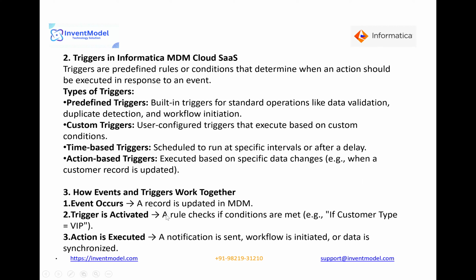So the event is that a record is updated, and based on that, the trigger condition is that the customer type is equal to VIP. Then, after the event and trigger, the action is executed. That is, if the event and trigger conditions are true, then a notification is sent, a workflow is initiated, or data is synchronized.